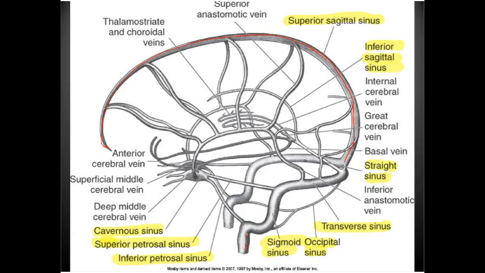We have the sigmoid sinus, the straight sinus, which as the name implies is very straight, the cavernous sinus, internal petrosal sinus, occipital sinus, all coming together in the confluence of the sinus.